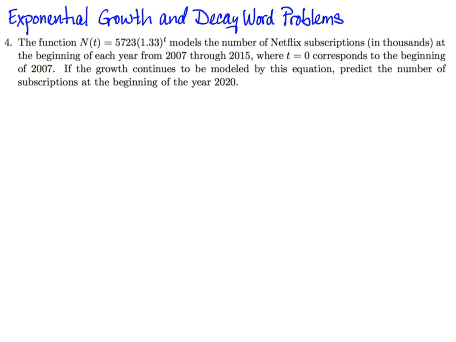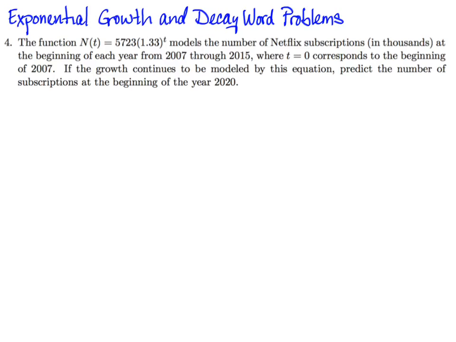The example says the function N of t is equal to 5,723 times 1.33 raised to the t, models the number of Netflix subscriptions in thousands at the beginning of each year from 2007 to 2015, where t equals 0 corresponds to the beginning of 2007.